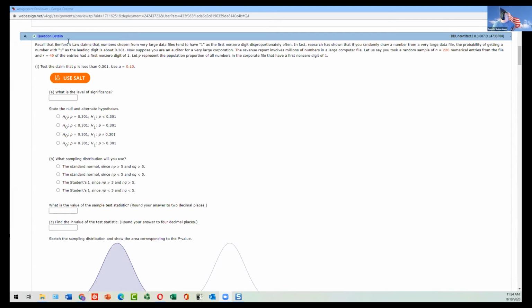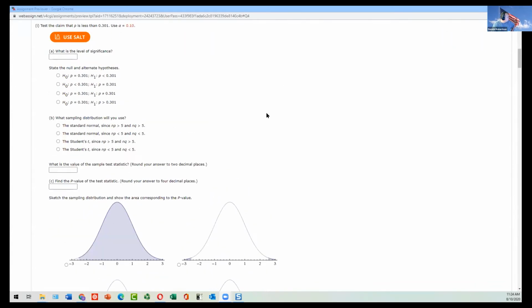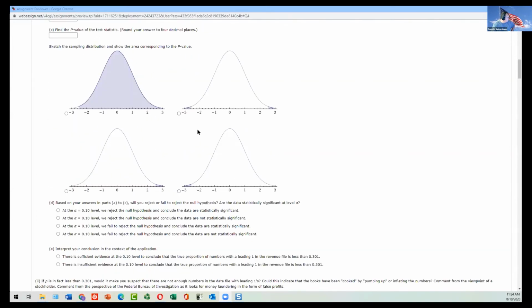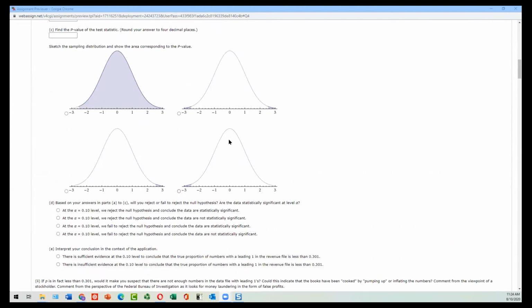So you got this question about lots of ones. Down here at D and E. Based on your answers to part A and C, will you reject or fail to reject the null hypothesis?